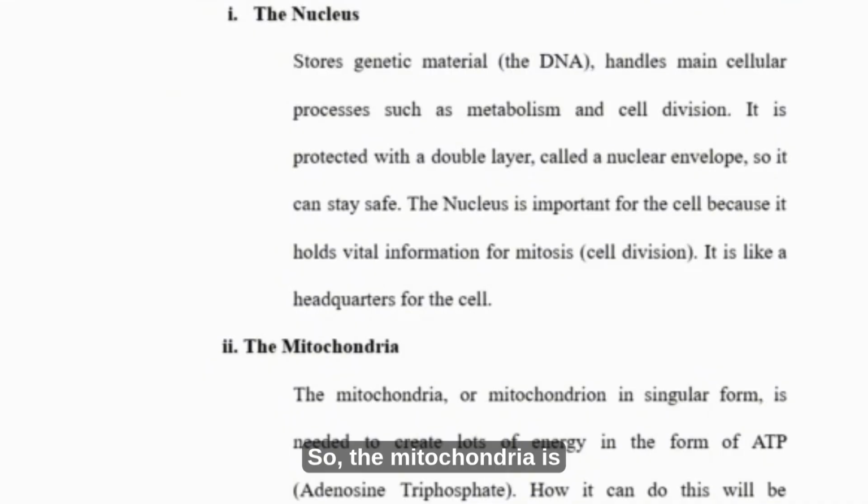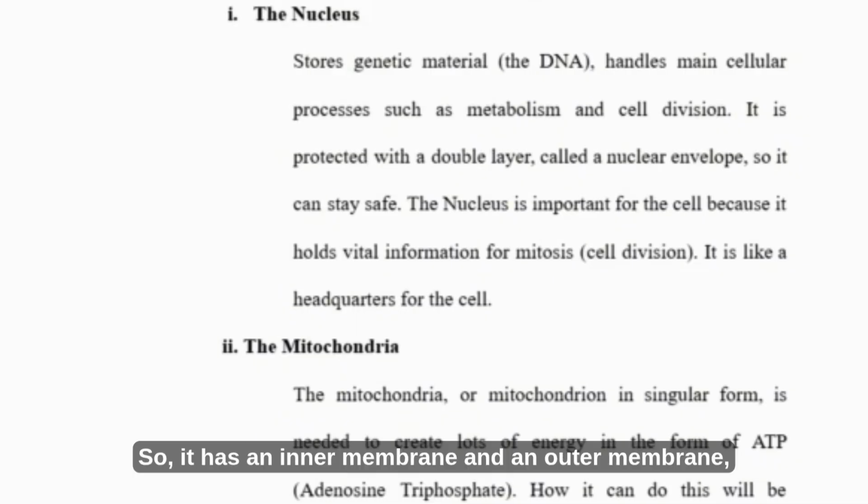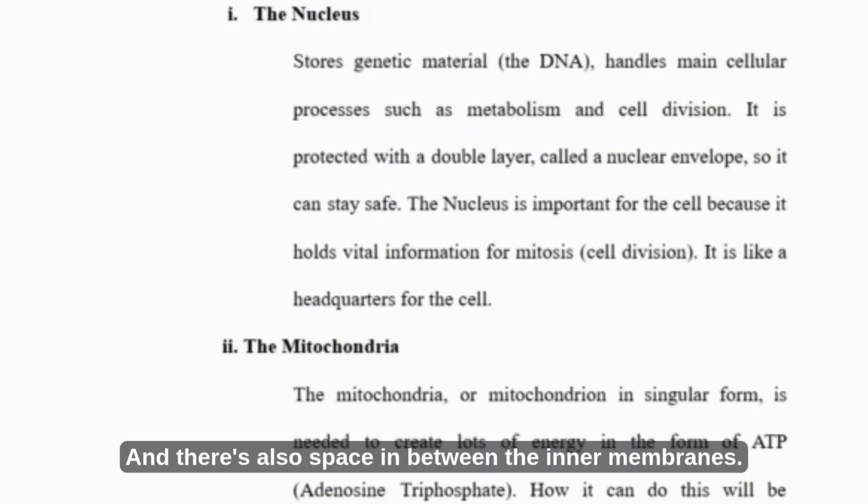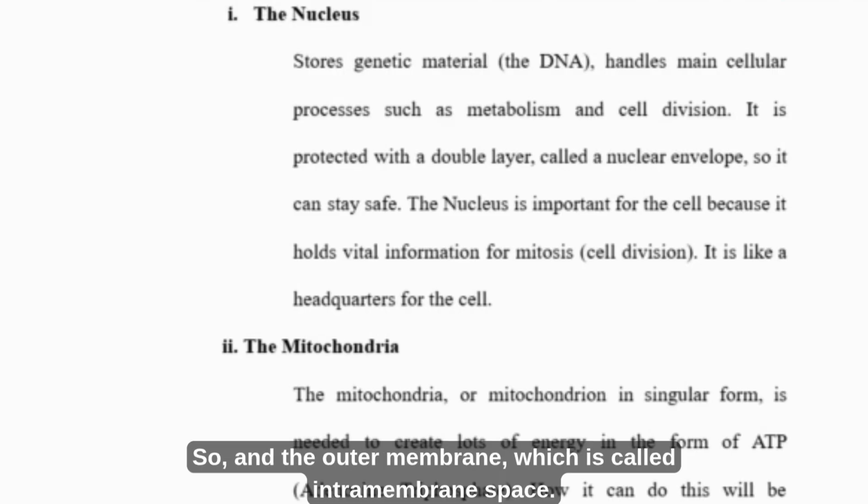So the mitochondria is made out of many parts. It has an inner membrane and an outer membrane, and it has mitochondrial DNA. And there's also a space in between the inner membrane and the outer membrane, which is called the intermembrane space.